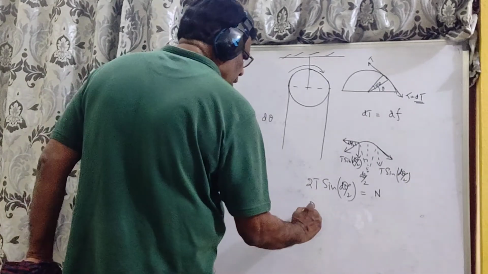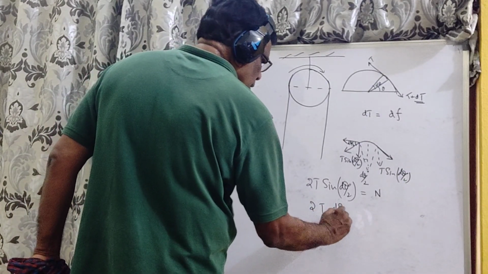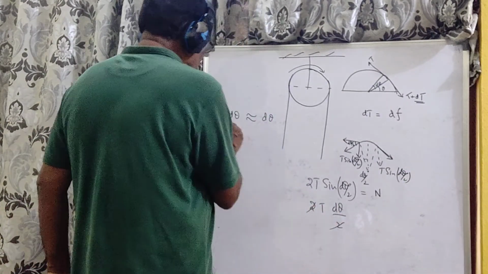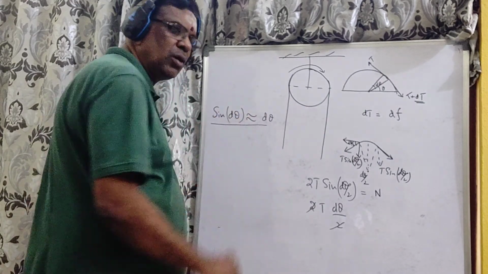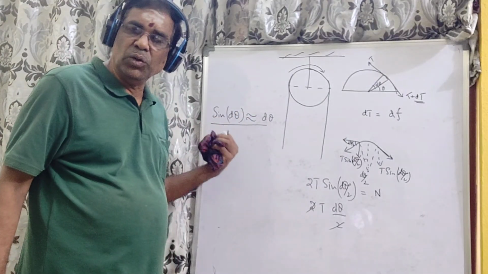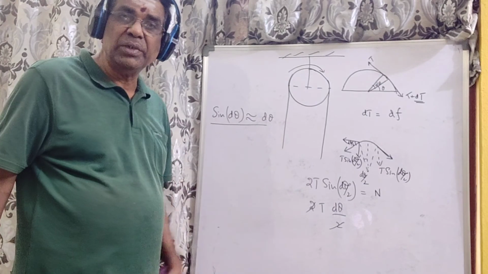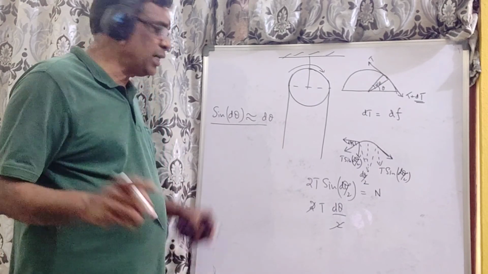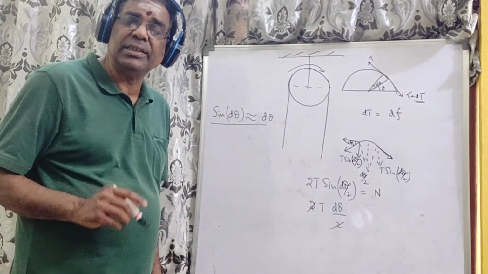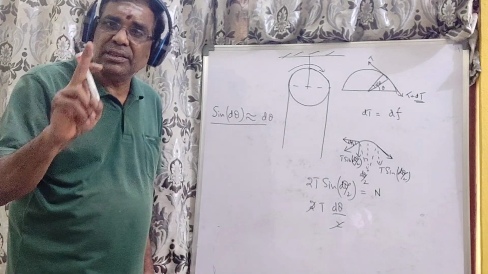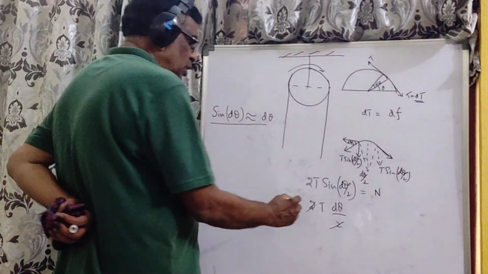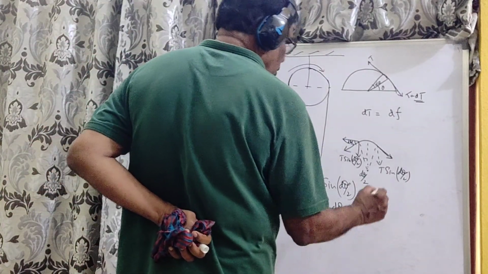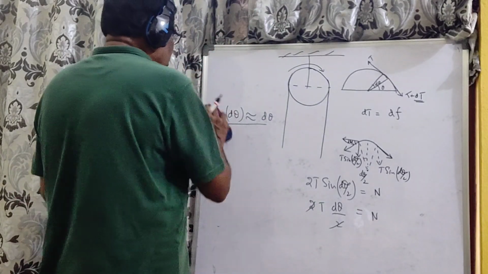Then what do you get? 2T into, you can try this with your tables also. If you know the series, then you will automatically know for small angle sin d theta is d theta, cos d theta is 1. So you get T d theta is equal to N, right?